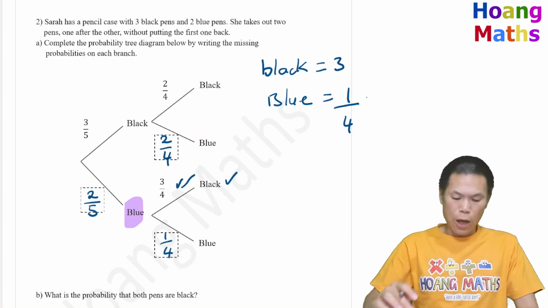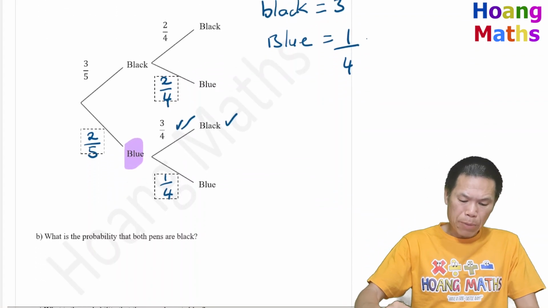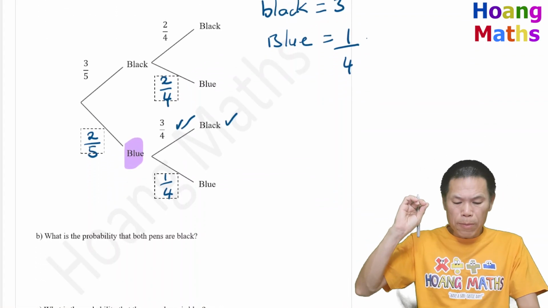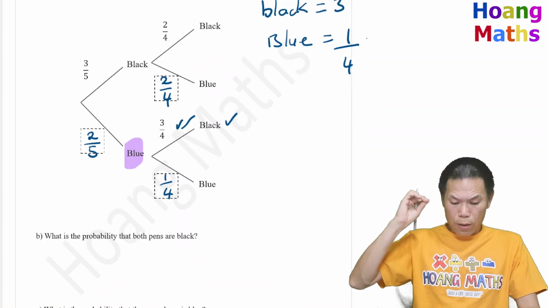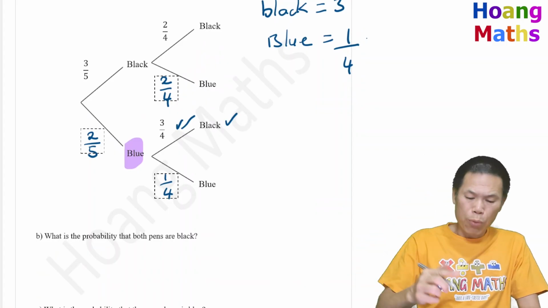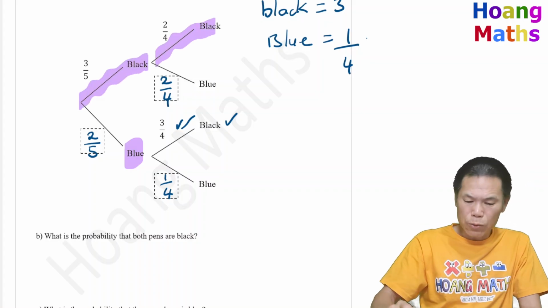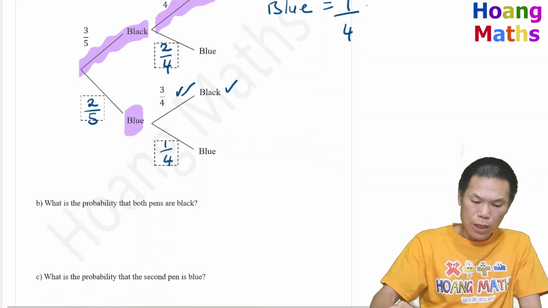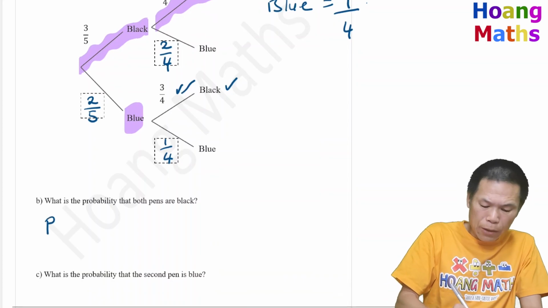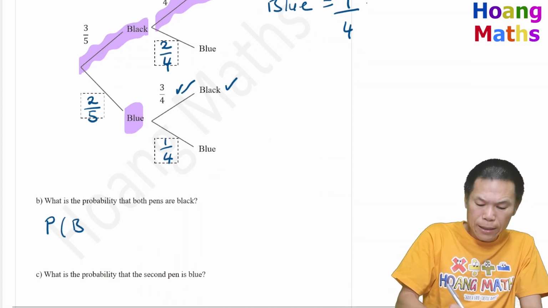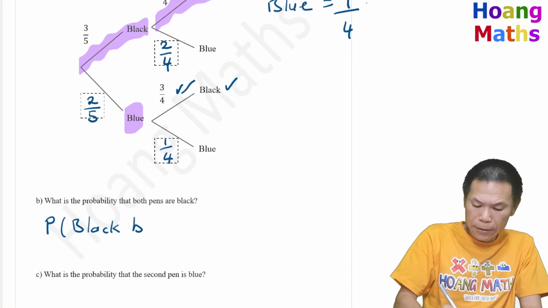So there you go. Now part B. We need to find the probability that 2 pens are black. Both of them are black. So that means black here, another black. So now we just times them together. So the probability I can write like this. Okay, black and black.